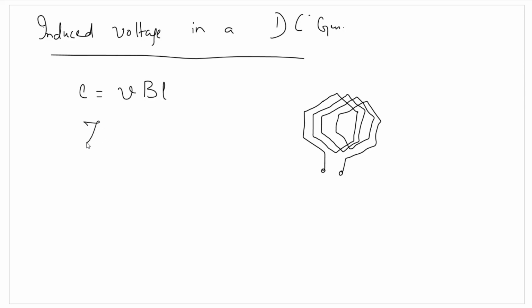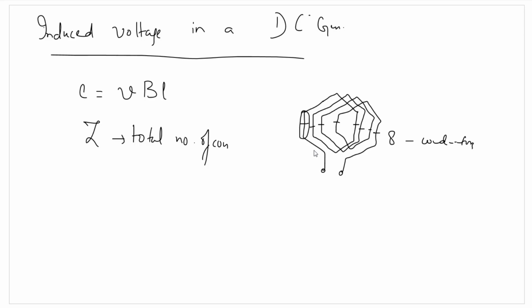So if Z is the total number of conductors, where conductor refers to this portion. In this case, there are 1, 2, 3, 4, 5, 6, 7, 8 conductors. So Z refers to the total number of conductors.